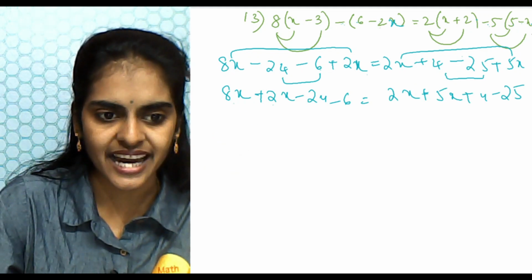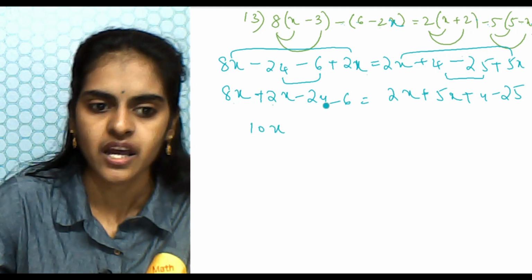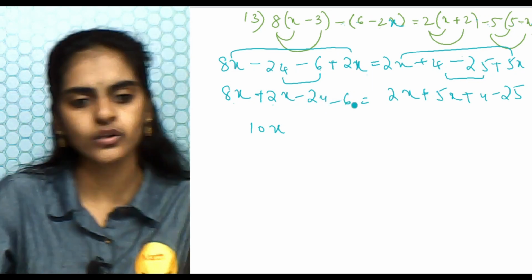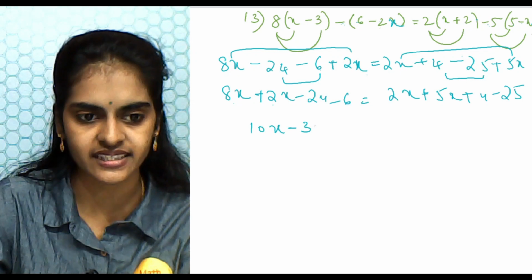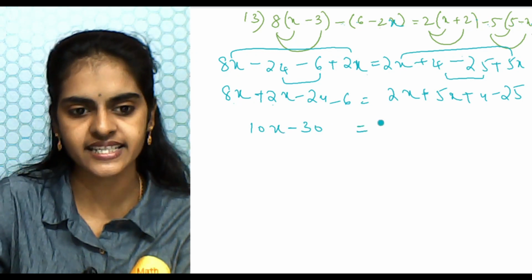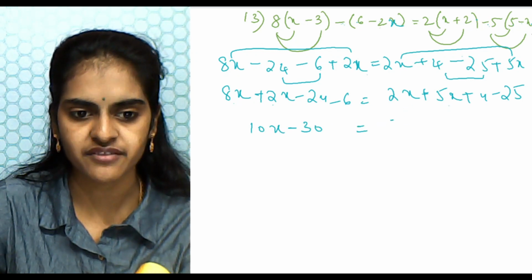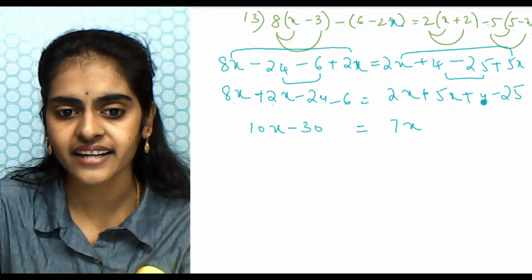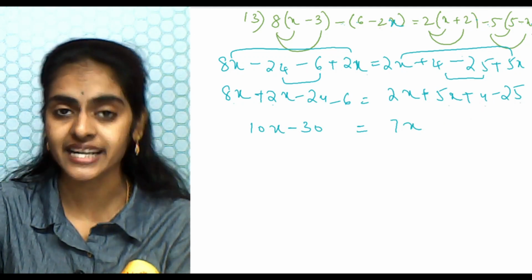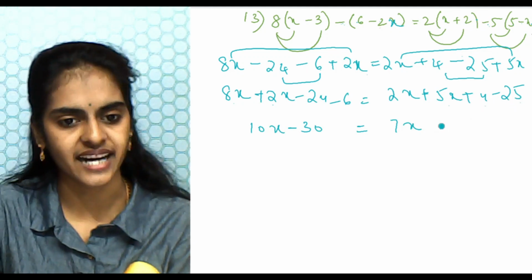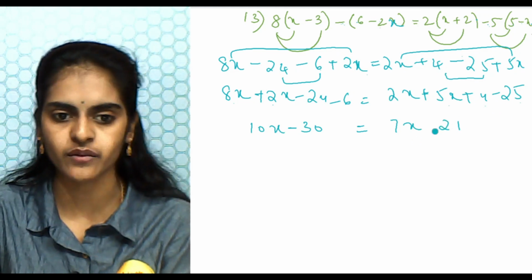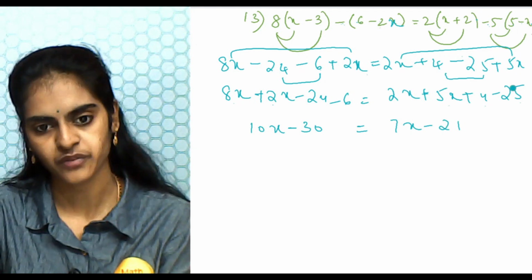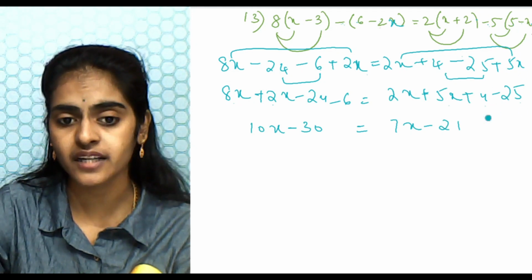Now you see 8 plus 2 is 10x, minus 24 minus 6, two negative integers, so you'll add and you'll write a minus sign. So 24 plus 6 is 30. It is minus 30 is equal to, now 2 plus 5 is 7x. And you have a positive and a negative integer, so you'll subtract and you'll write a minus sign. So 25 minus 4 is 21 and you'll write a minus sign. The sign of the bigger number is minus.